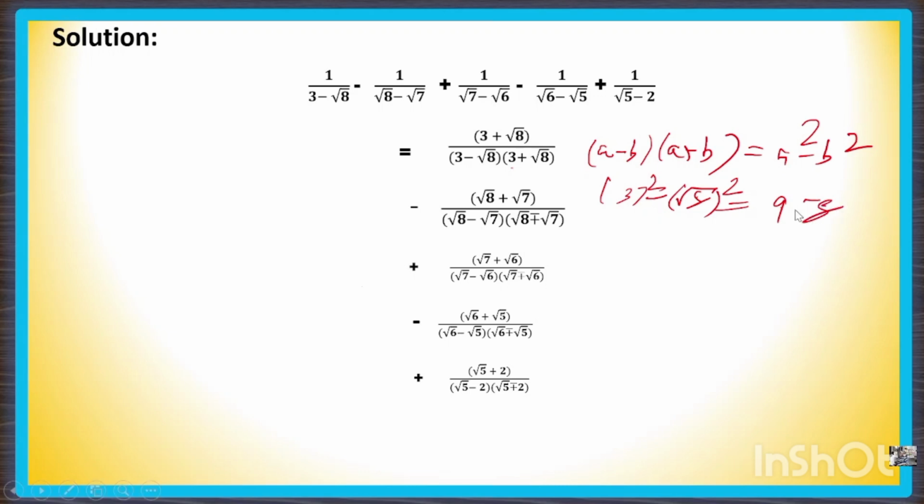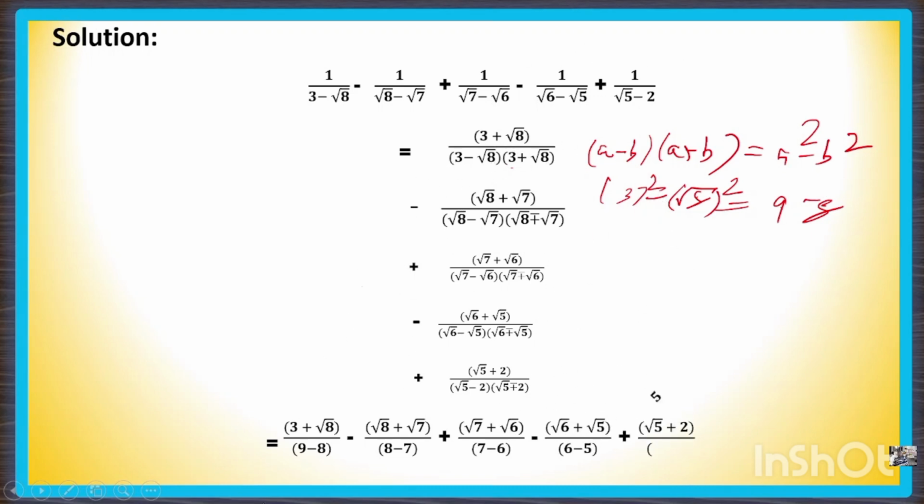Similarly, using this identity we can multiply the denominators. After multiplication of the denominator we shall get 3 plus root 8 divided by 3 minus root 8 whole into 3 plus root 8, which is a square minus b square: 3 square 9 minus root 8 square 8. Similarly the second term, minus sign, root 8 plus root 7 divided by root 8 square minus root 7 square, which is 8 minus 7.